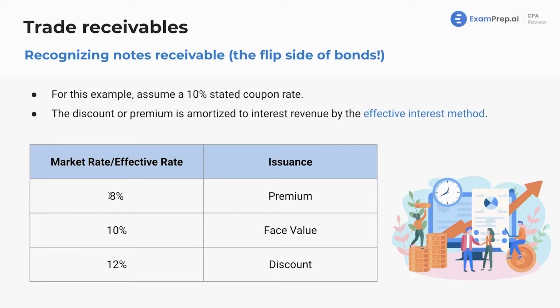And maybe I see that corporate rate is 8%. So I could take $1,000 and make 8% on it. But this company is providing it at 10%. So if I want to give my money to this company, they are actually giving me a premium. So the market rate, or the effective rate, is 8%. The stated or coupon rate is 10% because the company in this case is giving more. So that bond was issued at a premium.